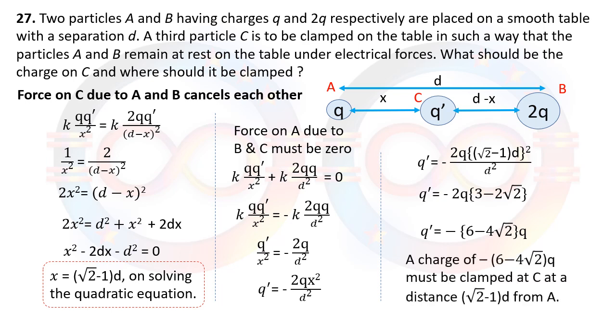So minus (6 minus 4 root 2) into q charge, if placed from A at a distance of (root 2 minus 1) into d, the A and B are not going to experience any net force.